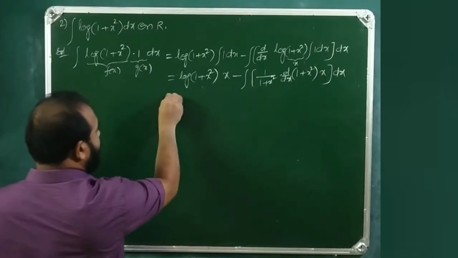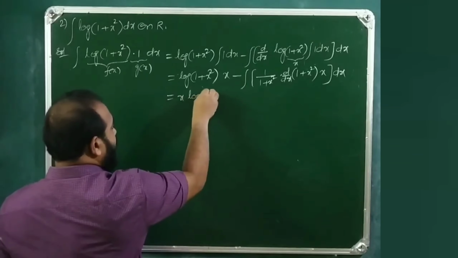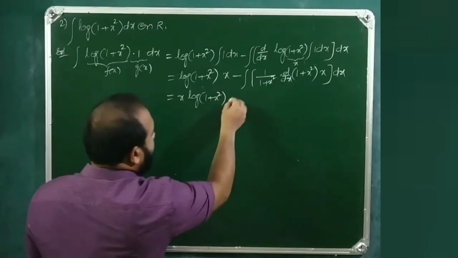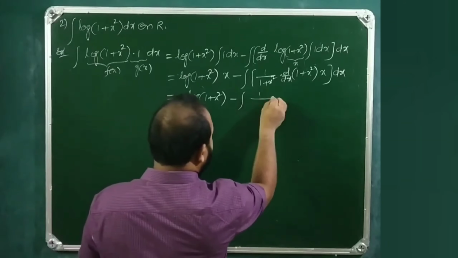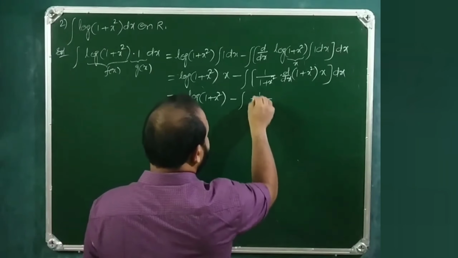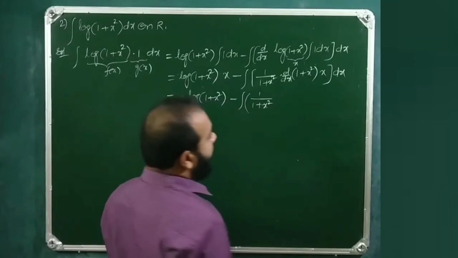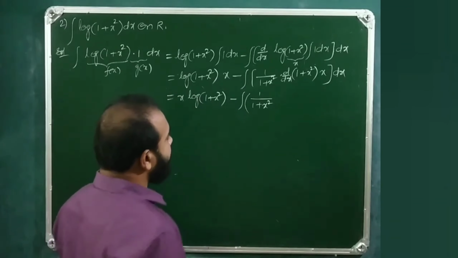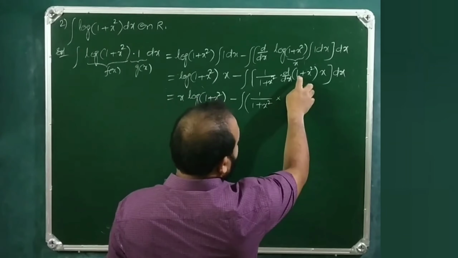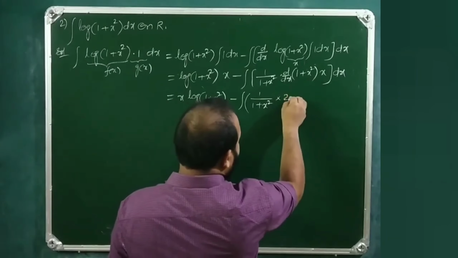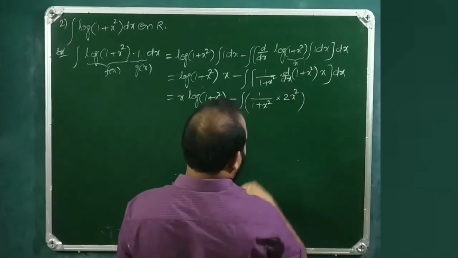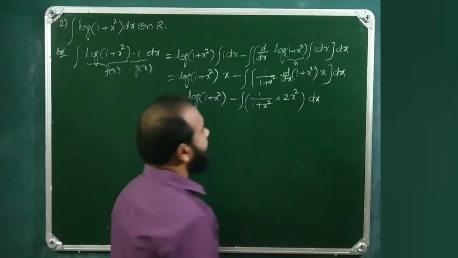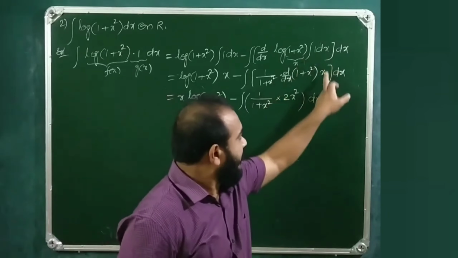This is equal to x log 1 plus x square minus integral 1 by 1 plus x square, d by dx of 1 plus x square is, 1 derivative is 0, x square derivative is 2x, into x, so 2x square dx. Integral 1 dx is x.